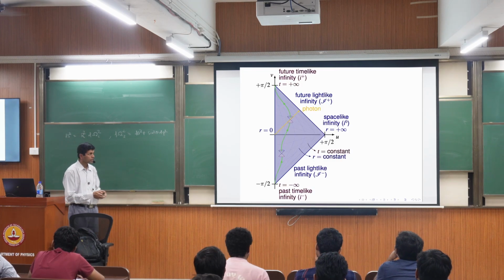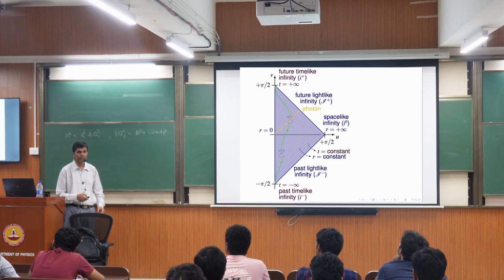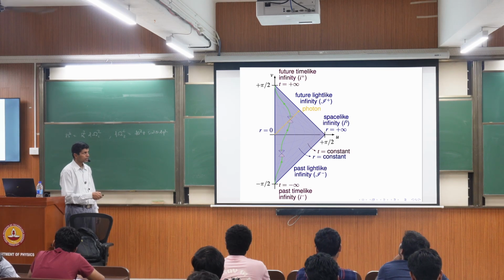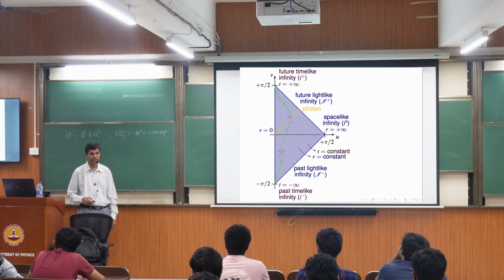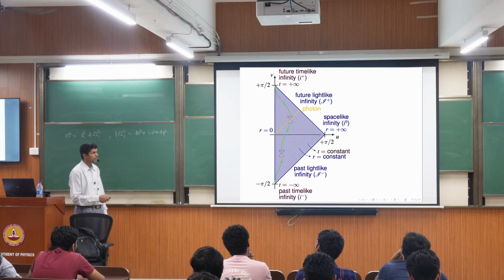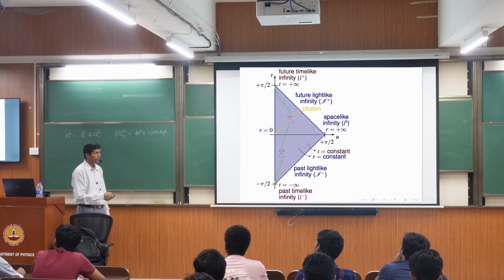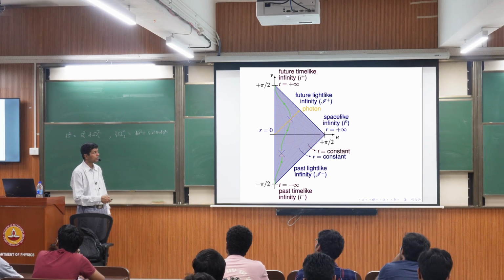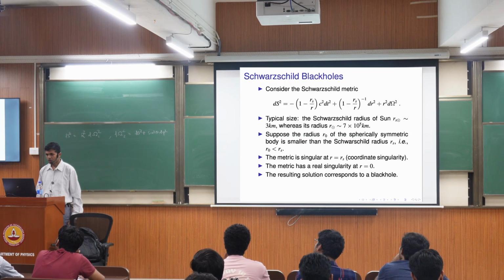The point here is that for any point, I am suppressing the angular coordinates, there is a sphere sitting there whose radius is determined by the value of the radial coordinate at that point. So by suppressing the angular coordinates, I am plotting the Penrose diagram of this 3 plus 1 dimensional Minkowski space. Now it's only half of the region because r can only take positive values. So this is how it looks.